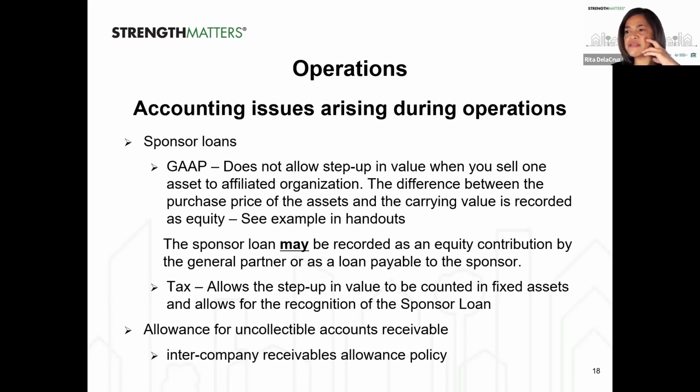So this 3 million is recorded in the equity section of the partnership financial statements. And it's usually called something like excess liabilities assumed over assets acquired. And this is allocated to the general partner.